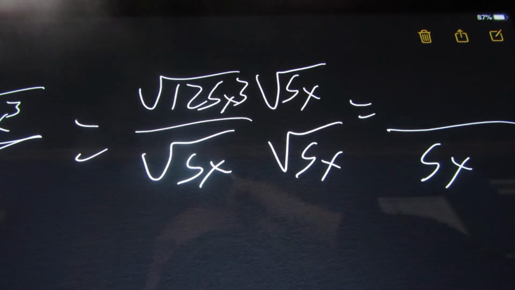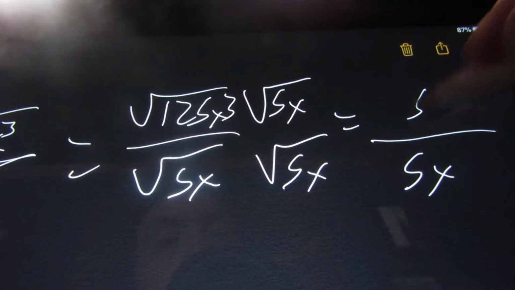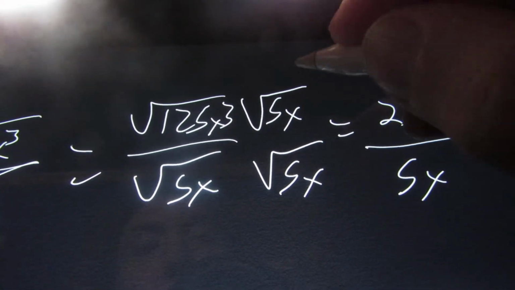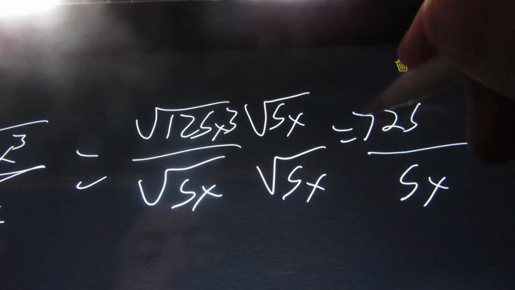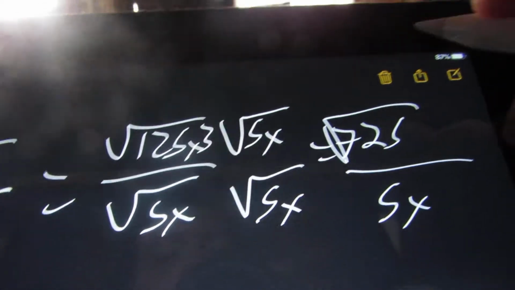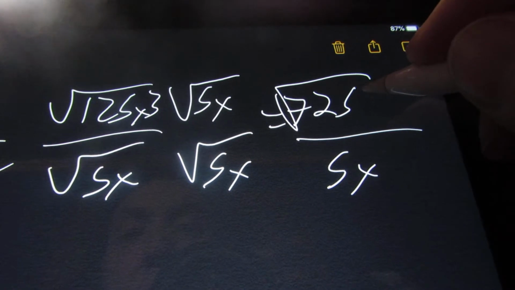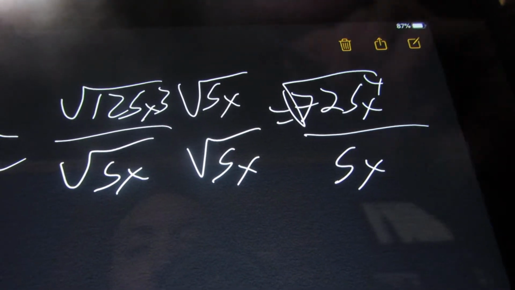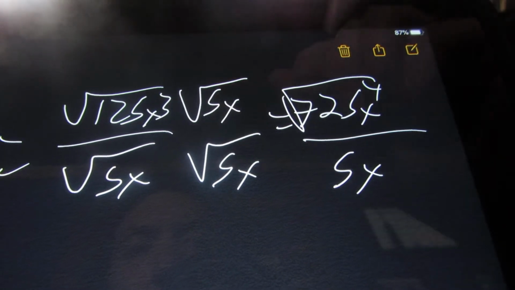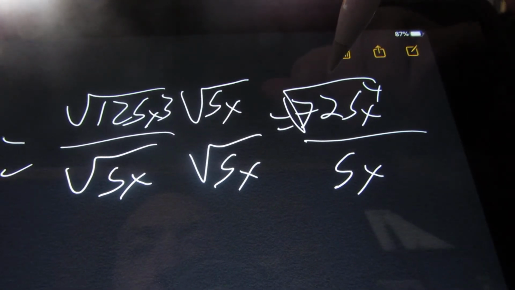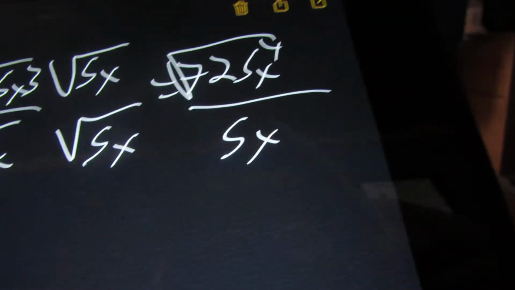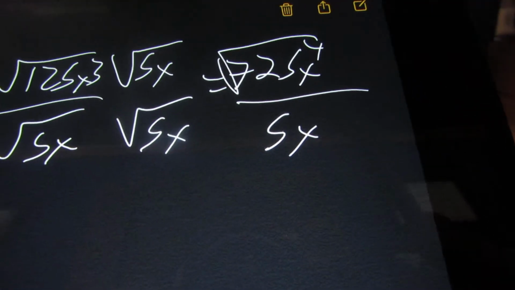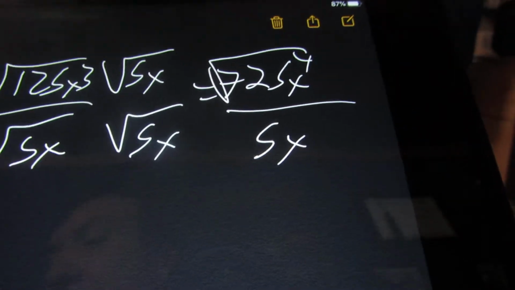On the top, we're going to have square root of 725 x to the 4. Okay, so we have square root of 725 x to the 4 over 5x.